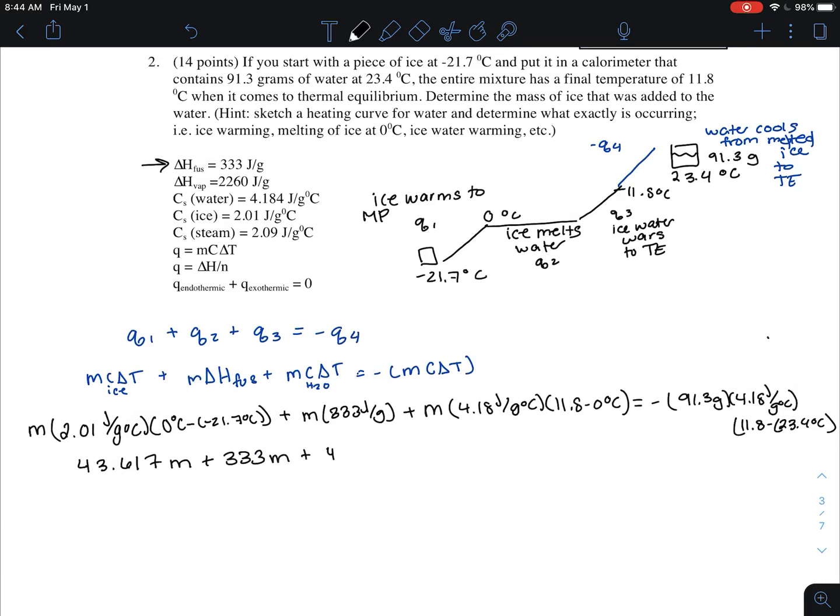So I get 43.61 M plus 333 M plus 49.324 M is equal to, the negatives cancel, 4,426.95. You isolate and you get that the mass of the ice is equal to 10.4 grams, because I want 3 sig figs.